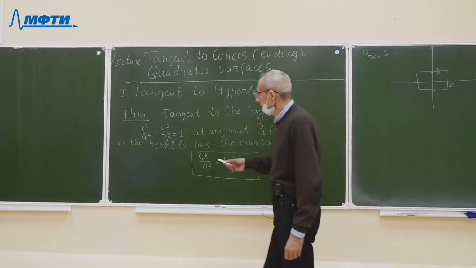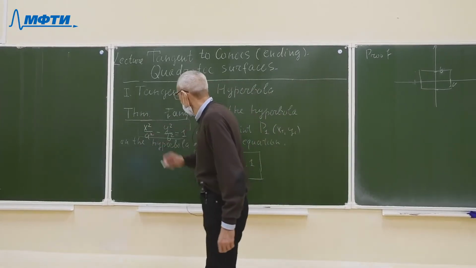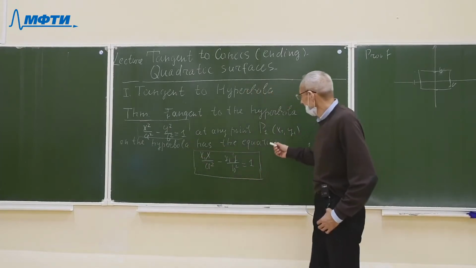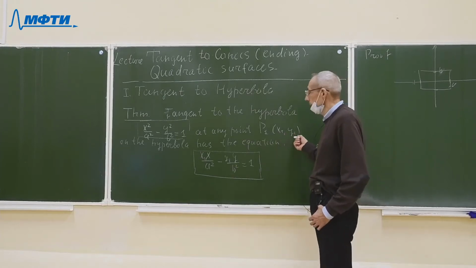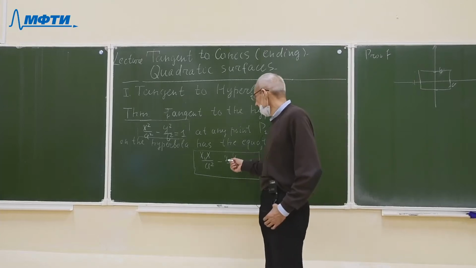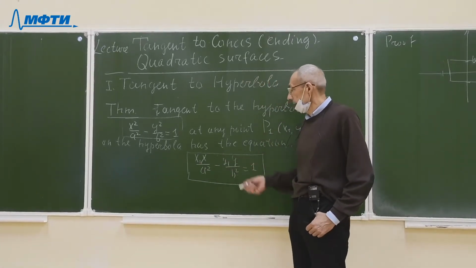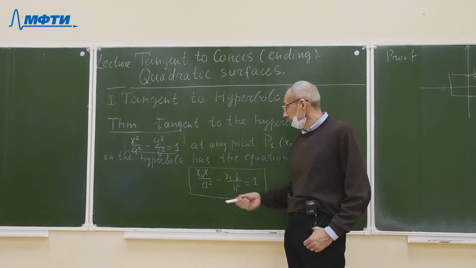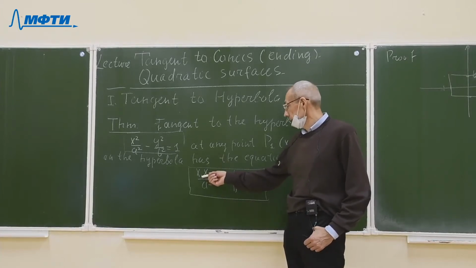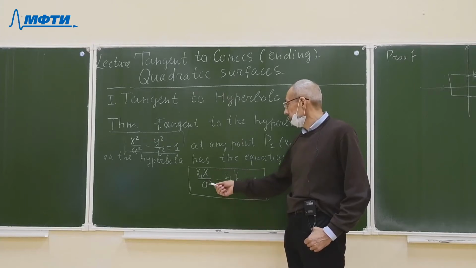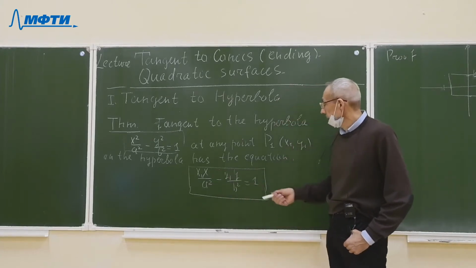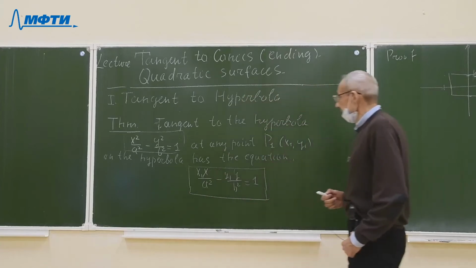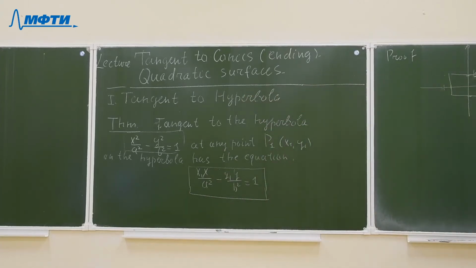The tangent to the hyperbola, which is defined by the canonical equation, at any point P1 with coordinates x1, y1, has an equation of the same form as in the case of the ellipse and parabola, and this form is the following: x1 times x divided by a square minus y1 times y divided by b square is equal to 1. It is the same form. And let's prove this assertion.